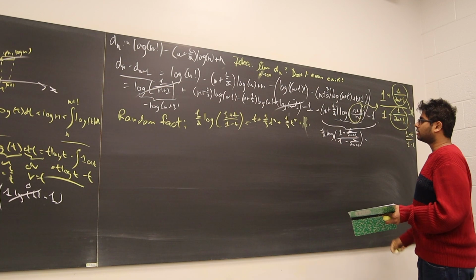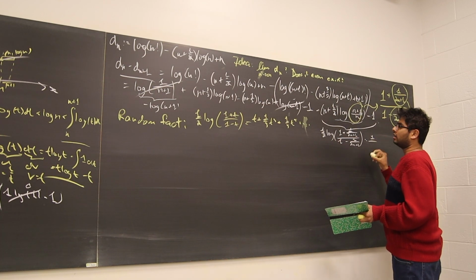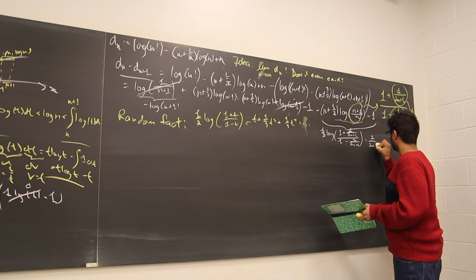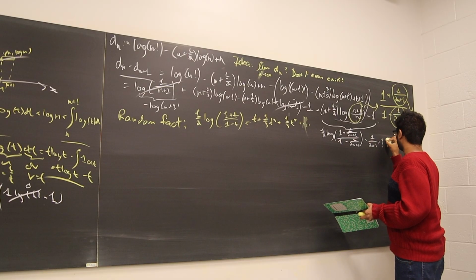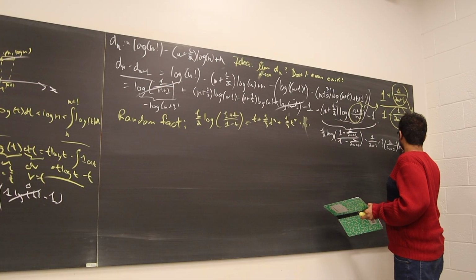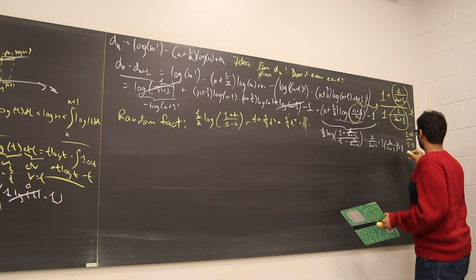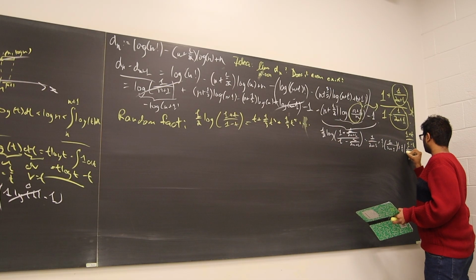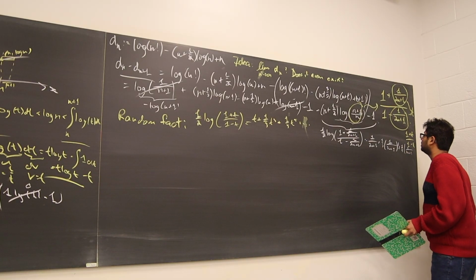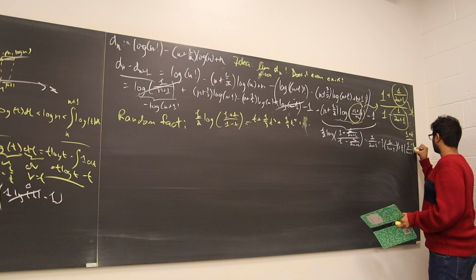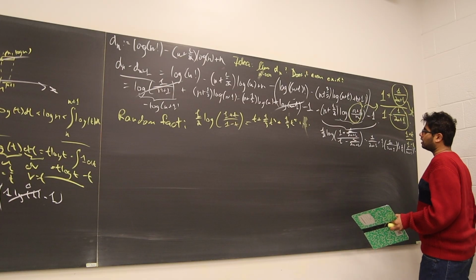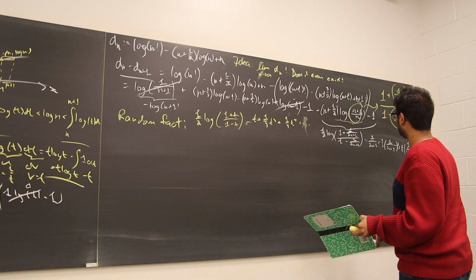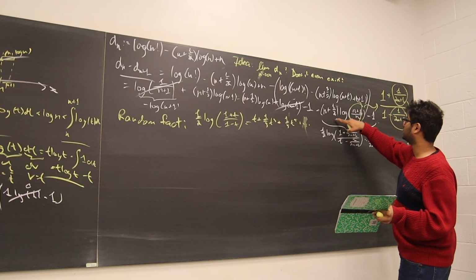So this is really just equal to 1 by 2n plus 1, plus 1/3 (1 by 2n plus 1) cubed, plus 1/5 (1 by 2n plus 1) to the 5th, plus dot dot dot. You only need a couple terms to get the idea here, but that's this term of this distribution.